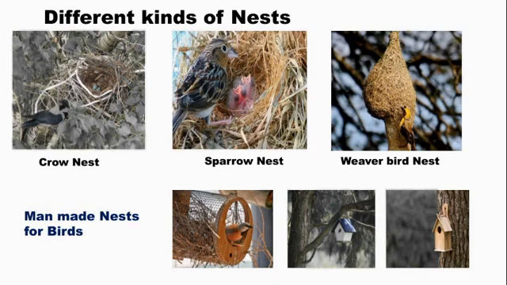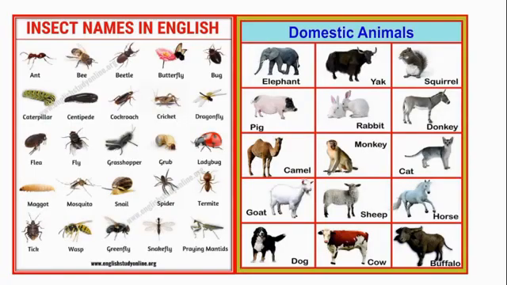Human beings have a responsibility: we should not spoil the bird's nest, because it helps in the field. When you grow crops, they will eat all the insects in the crops. At least for that purpose we should not spoil the bird's nest.